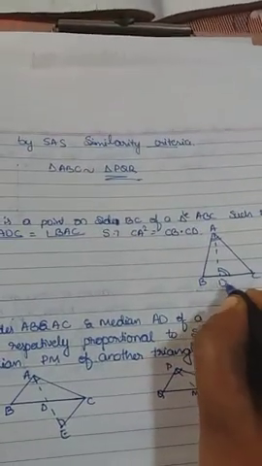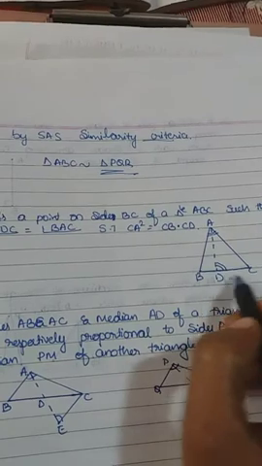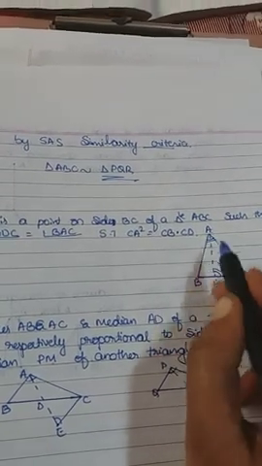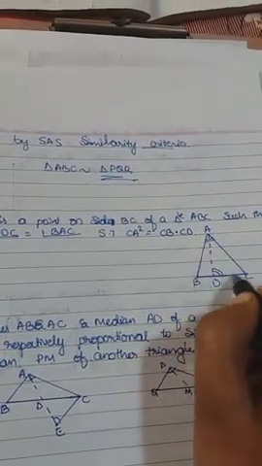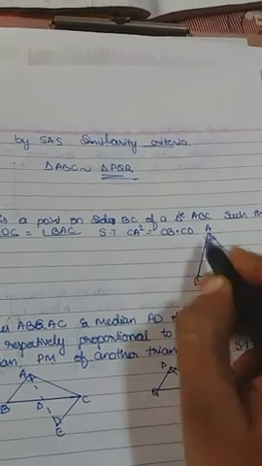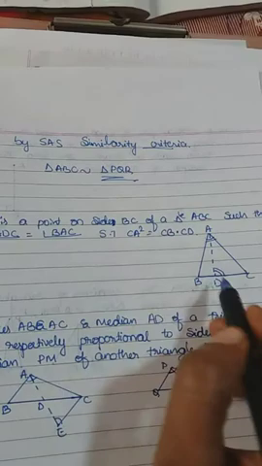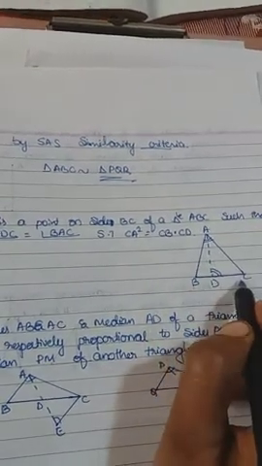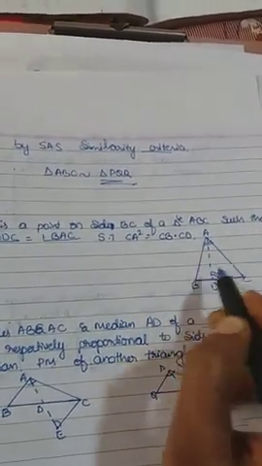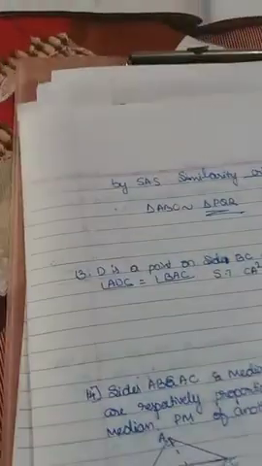D is a point on the side BC of triangle ABC such that angle ADC equal to angle BAC. Both are equal, angle A and angle D. We want to show that CA square equal to CB into CD. Let us prove that.